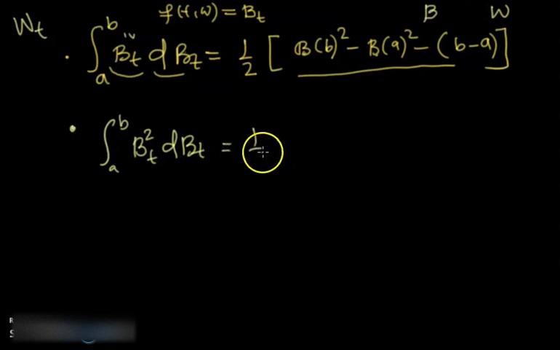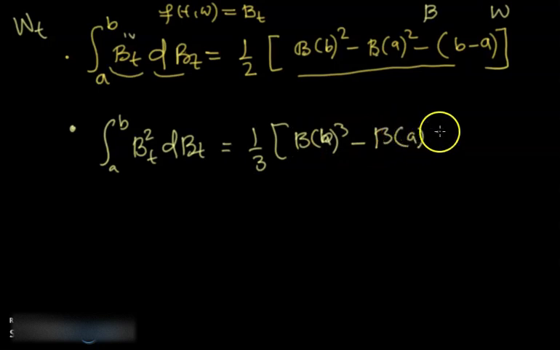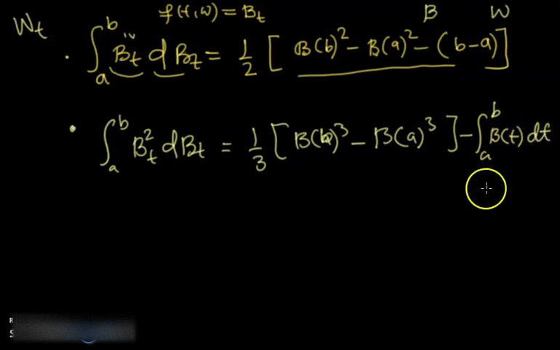Which is equal to 1 by 3 times Brownian at B cubed minus Brownian computed at A cubed, minus the integral from A to B of Brownian with respect to dt.